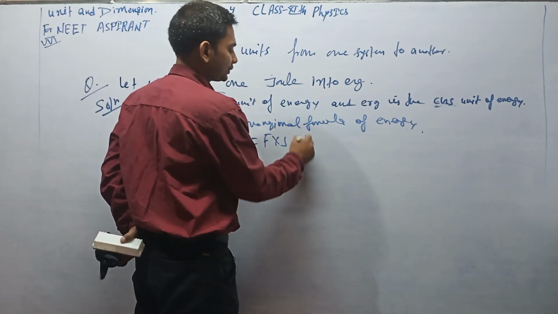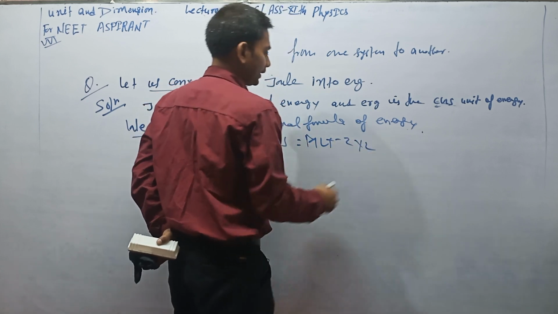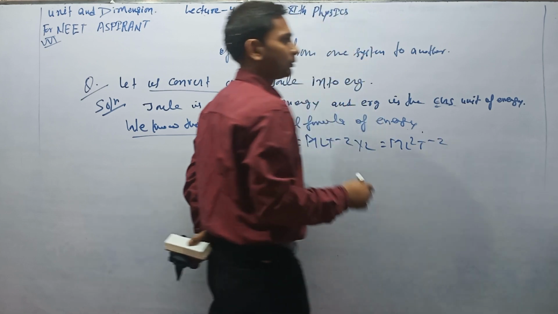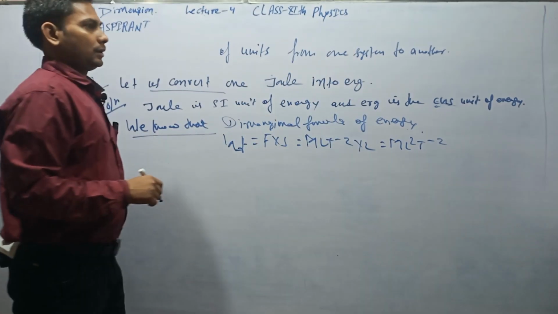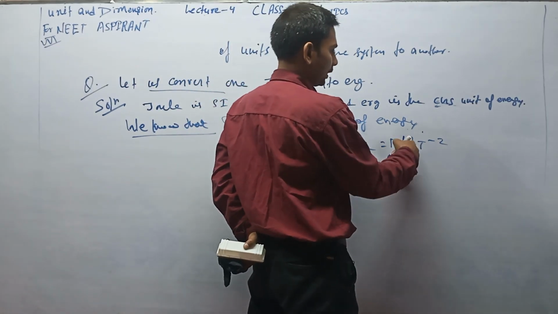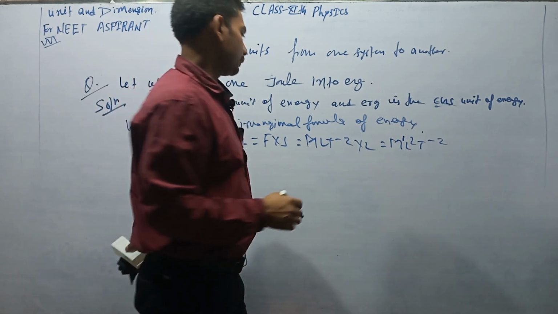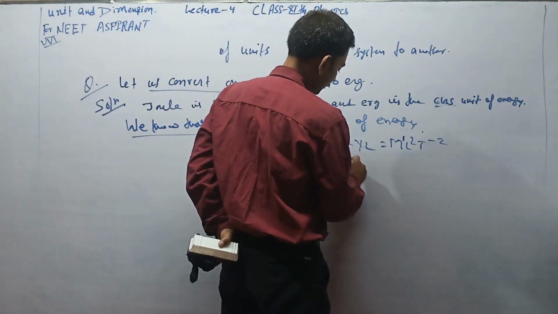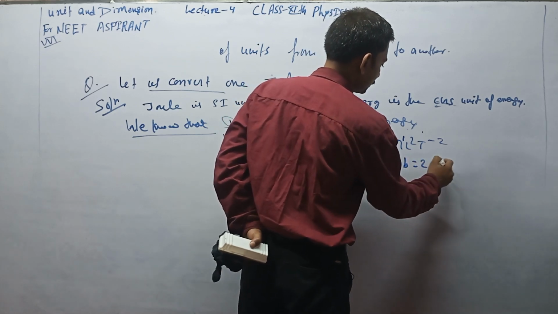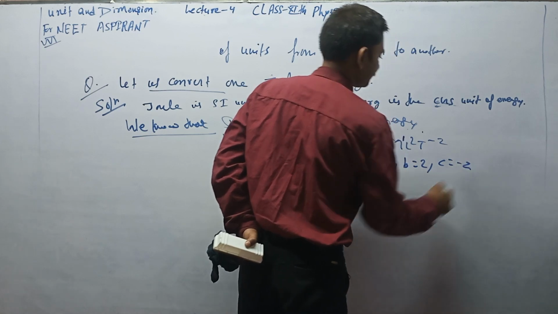That means force is mass into acceleration, L T minus 2, into displacement L. That means M L square T minus 2. And also power of M1 L to the power 2 and T to the power minus 2, where a equals 1, b equals 2, c equals minus 2.